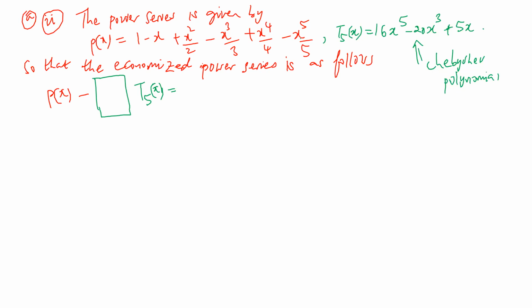So we have here, for example, minus 1 over 5 is the highest power of the x term. But now the question is, what is the highest power in the other Chebyshev polynomial? Well, the coefficient of the highest power is 16.